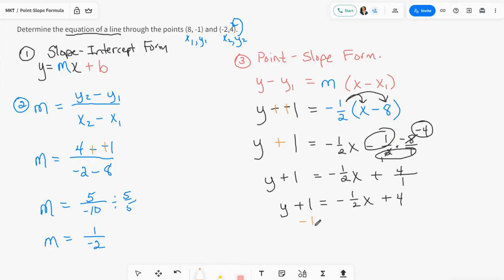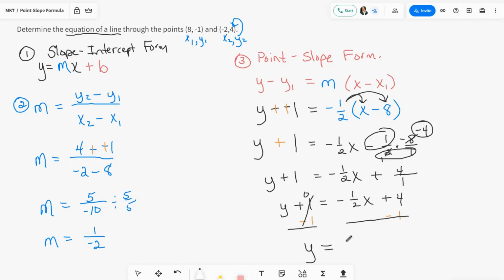And if we subtract 1 on the left side of the equation, we must also subtract 1 on the right side of the equation. So let's go ahead and see what happens when we do that subtraction there. We've got y plus 1 minus 1. These plus 1s and minus 1s add to 0, and we're only left with a y. Go figure, we've got a y on the left-hand side now.